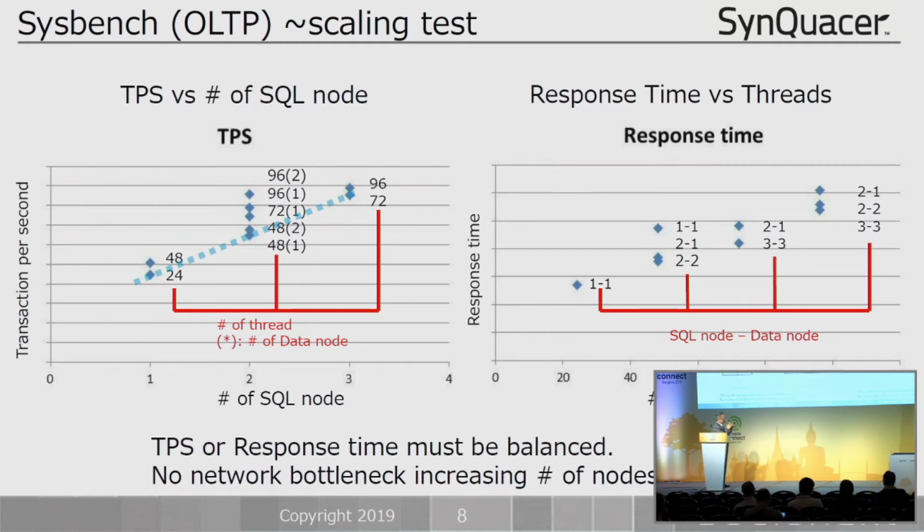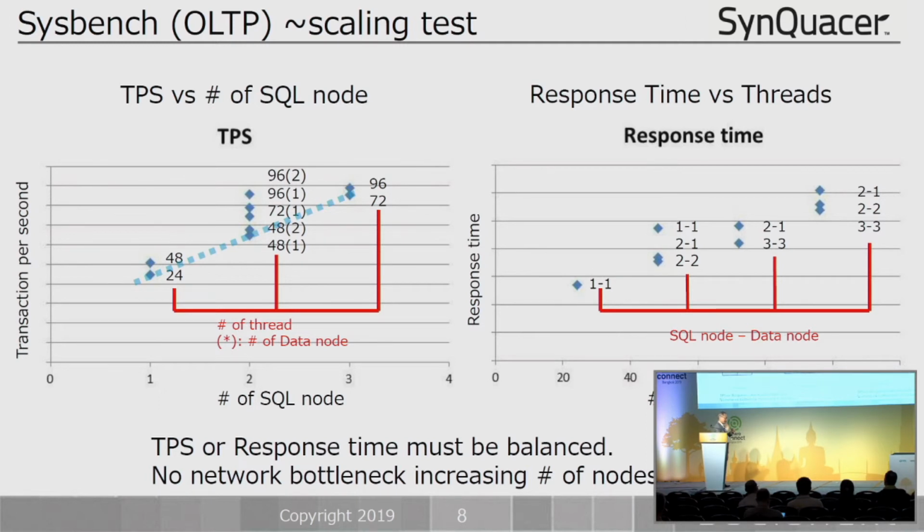But when increasing the SQL nodes, the second and third SQL nodes are not functioning at higher usage. They are at like 10%, 15% CPU performance.